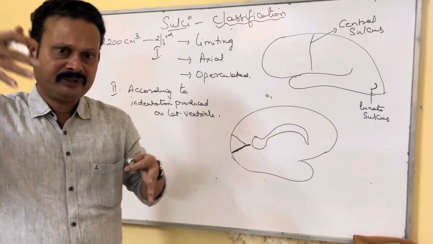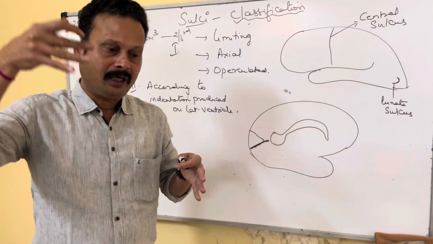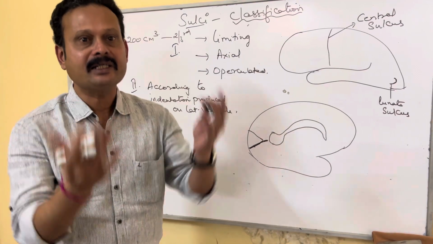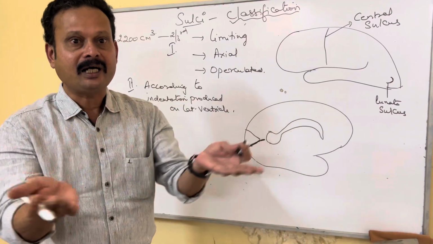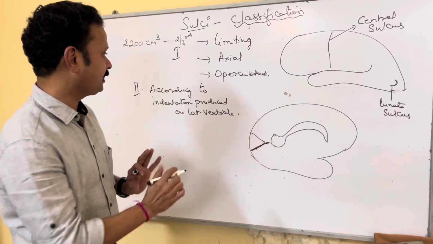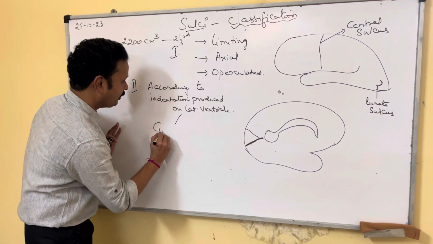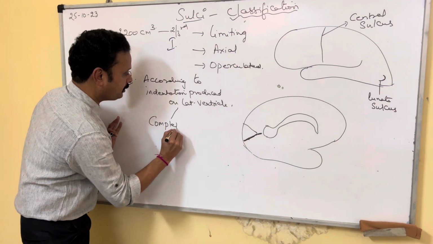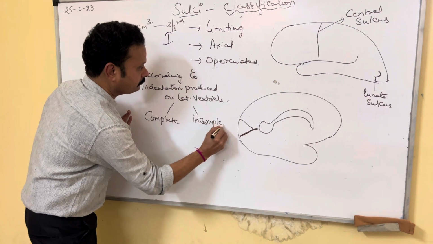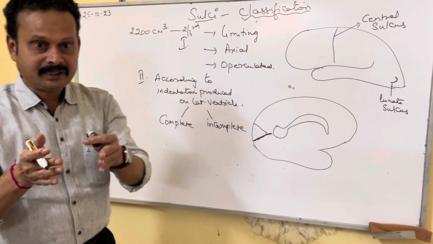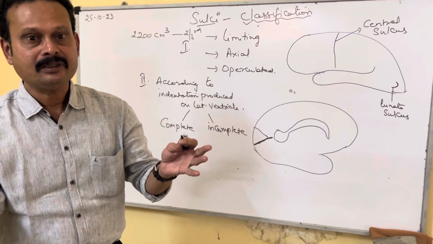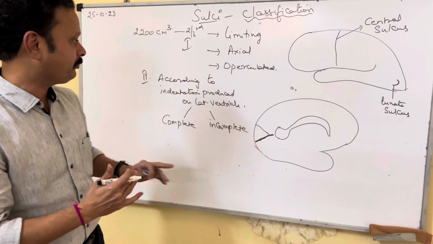Any sulcus which dips inside and produces an elevation or an indentation on the cavity of the forebrain, that is the lateral ventricle, is a complete sulcus. So according to this, we have complete and incomplete.